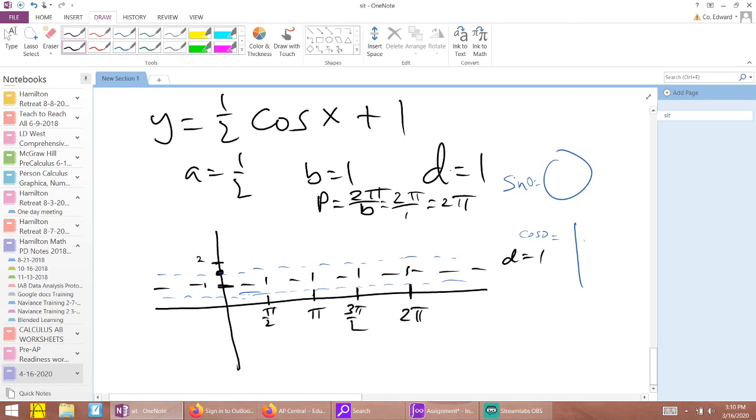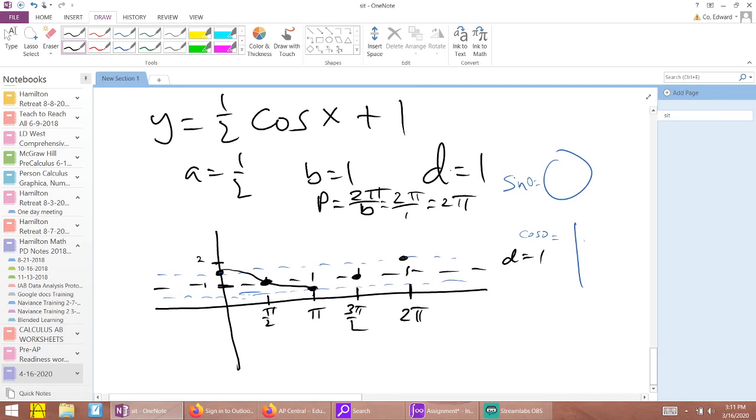My next dot would be at 0. Next dot would be going down. And then back up, 0, down, 0, up. And see, the amplitude here, this blue line keeps me on top, and the blue line on the bottom keeps me on bottom. Keeps me nice and level through the whole graph.